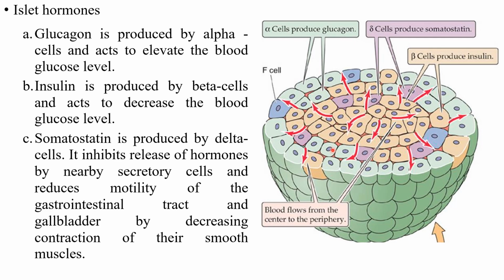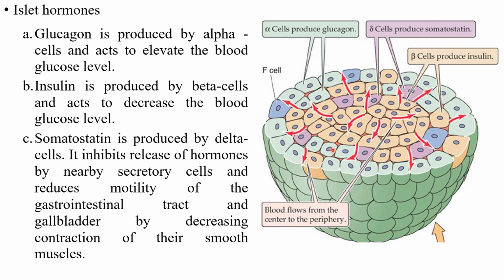The alpha cells secrete glucagon, which acts to elevate the blood glucose level. Beta cells secrete a very important hormone called insulin that is responsible for decreasing the blood glucose level.